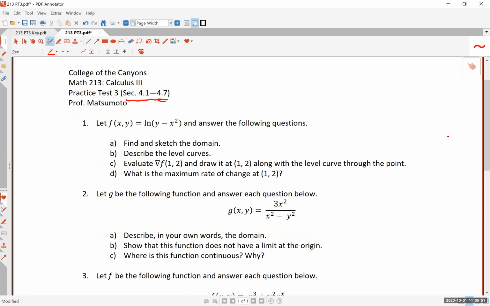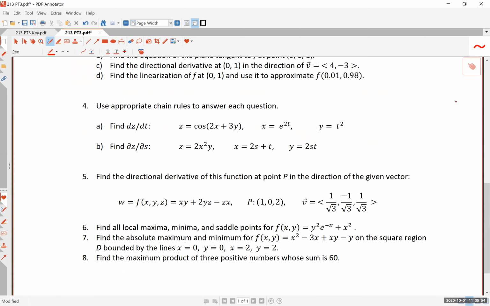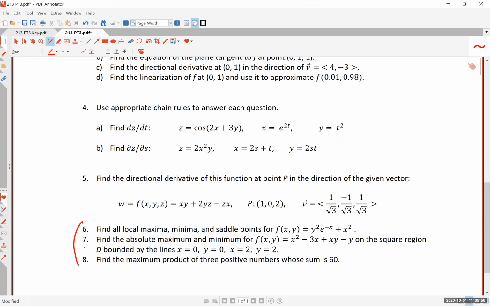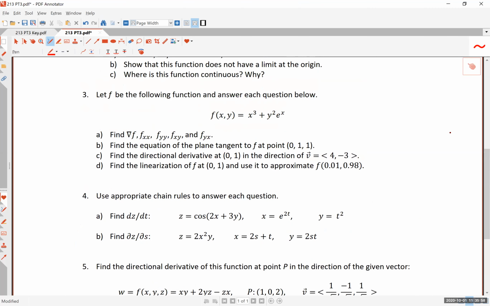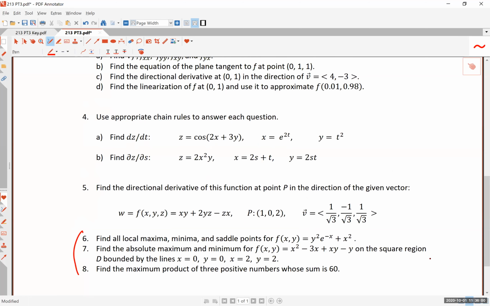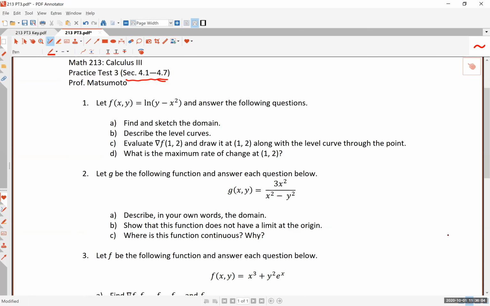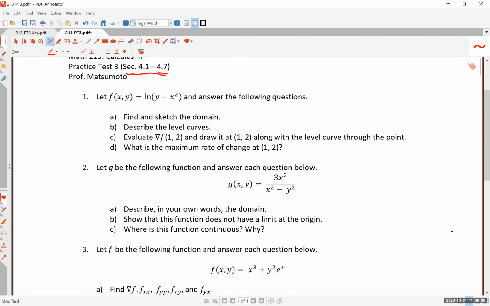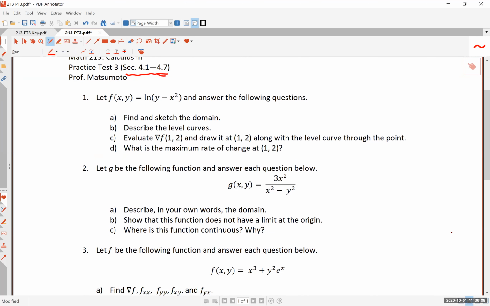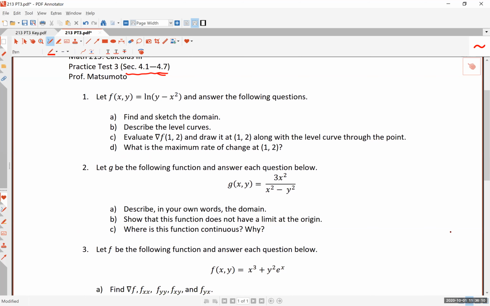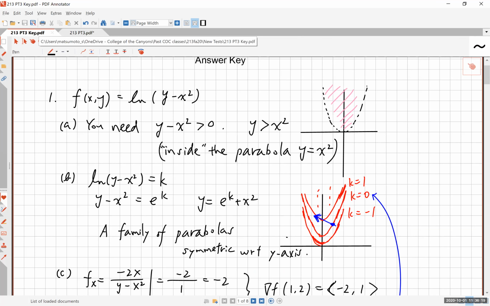And it looks kind of short, it's only 1 page, but if you look at the last few problems, and you may have tried these before, the last few problems may take a while. All right, and so this is a comprehensive sort of practice test. And if you do these questions, I am certain that you can do well on the actual test that you will be taking on chapter 4. Okay, so an answer key is already provided for you. Let's go over these fairly quickly.